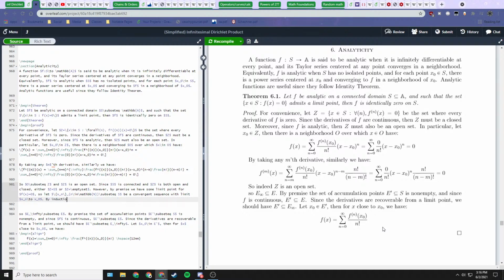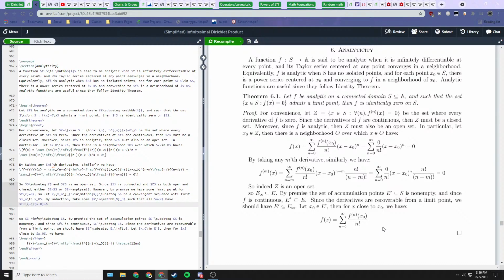So by induction, let N in N0 be the least such that all n less than N have the nth derivative of f at x0 being 0. Which is vacuously true when capital N is 0.